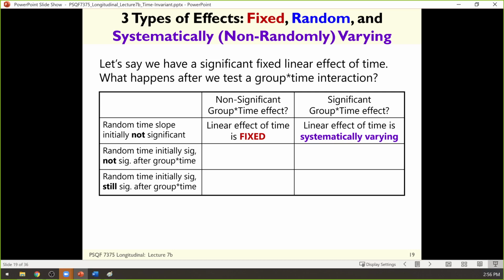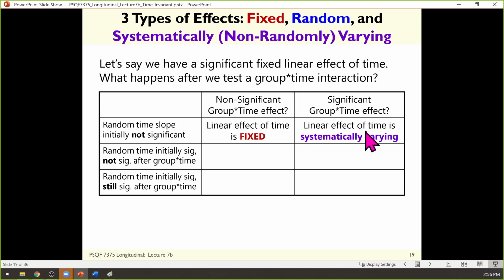So it's an intermediary between the idea of a fixed slope, which is a constant, everybody gets the same slope, and random slope, which is a variable, a random variable, everybody gets their own. Systematically varying is like a compromise. It's not that everybody gets their own, but that different groups need different slopes. That's systematically varying.